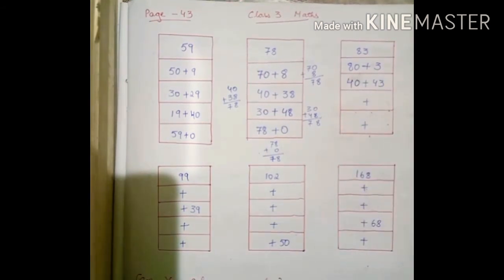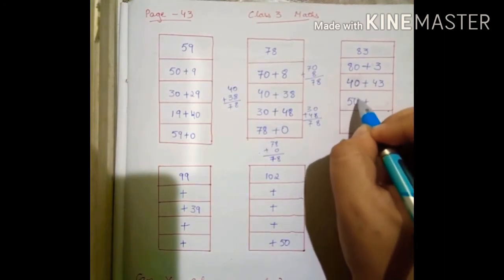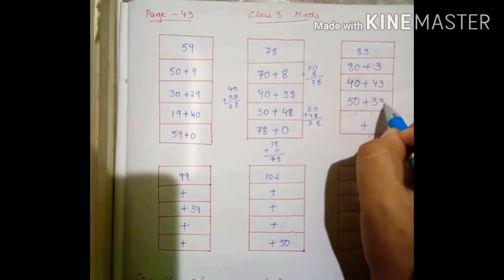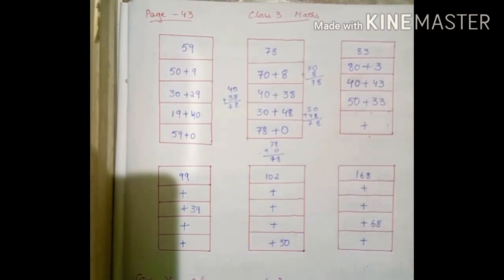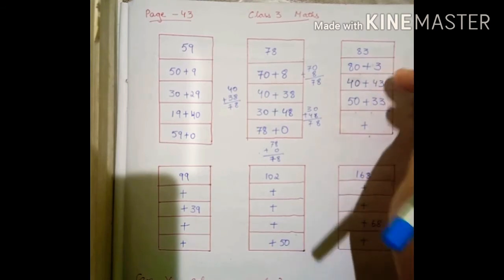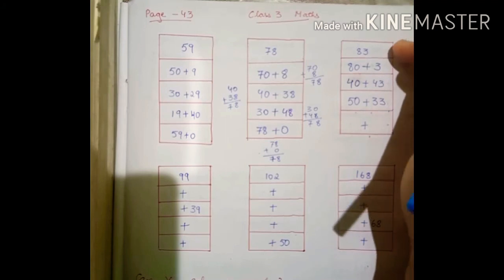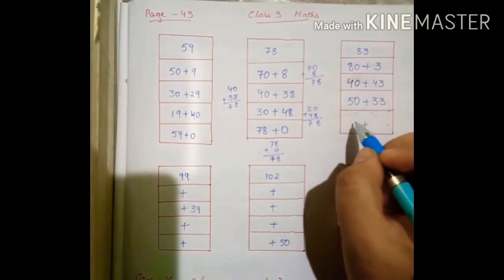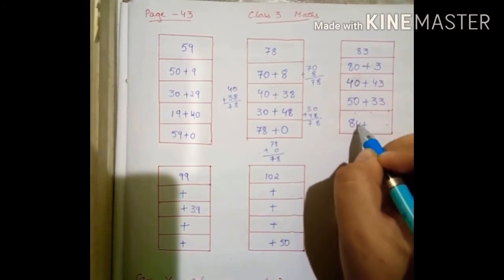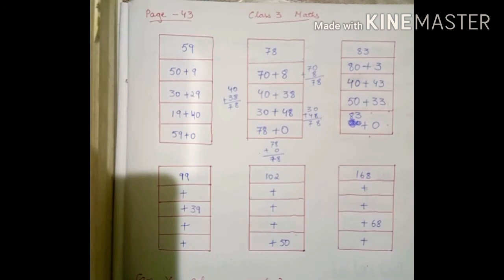Next, how can you do? 50 plus 33 will also give 83. You can add any numbers. You don't have to go exactly like me, but however you solve, the answer should be 83. And then last one, you can do 83 plus 0. It will also give 83.